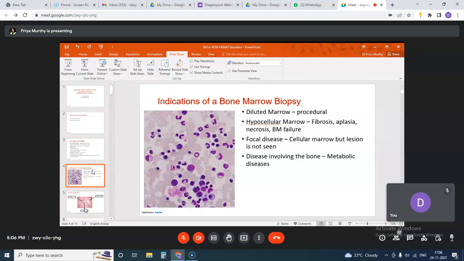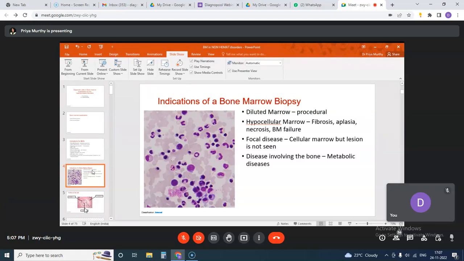Whenever the aspirate is insufficient or we get a diluted marrow, either because of procedural reasons or due to a pathology in the bone marrow, we then go on to do a bone marrow biopsy.